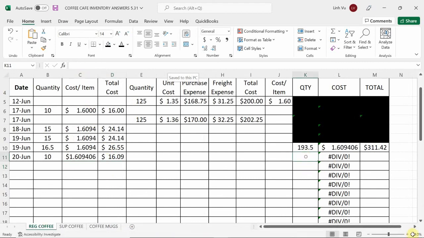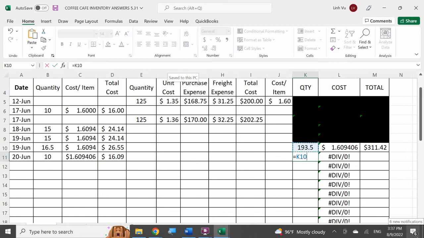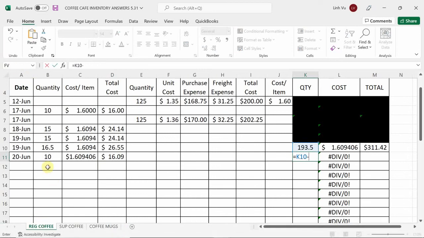So again, we just sold 10 pounds, so you should now have a remainder of 183.5 pounds left.